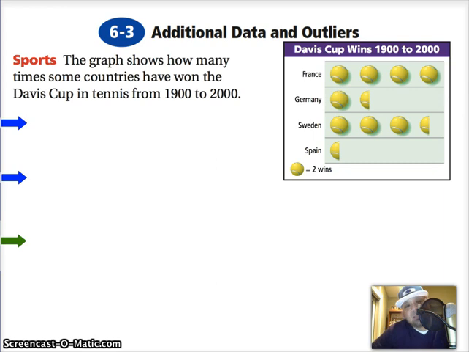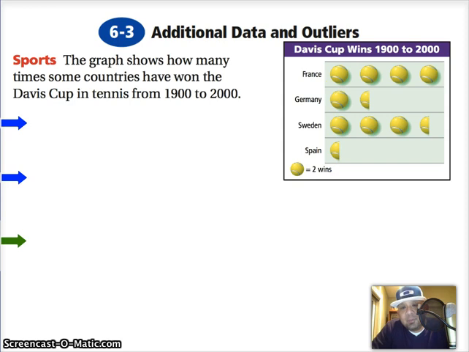It says the graph here to the right shows how many times some countries have won the Davis Cup in tennis from 1900 to 2000, so over 100 years. We look at the key. Each of these tennis balls corresponds to 2 wins.